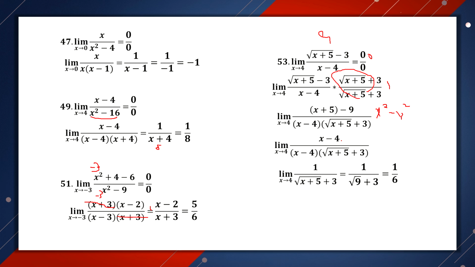So this is x minus 4. And here we just divide, and we get 1 over root of x plus 5 plus 3. And we get 1 over 3 plus 3. This is 1 over 6.